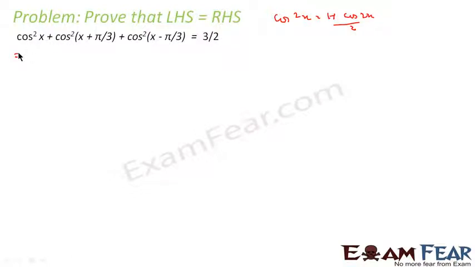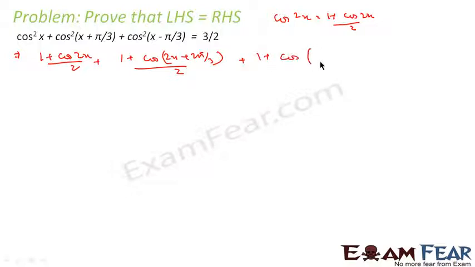So we can write this whole thing as (1 plus cos of 2x) by 2 plus (1 plus cos of 2x plus 2 pi by 3) by 2 plus (1 plus cos of 2x minus 2 pi by 3) by 2.